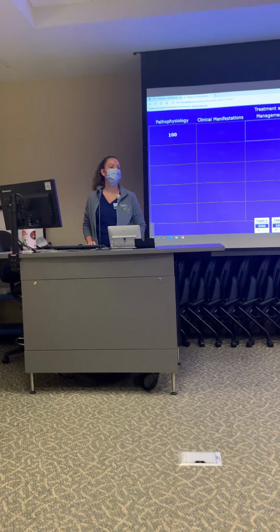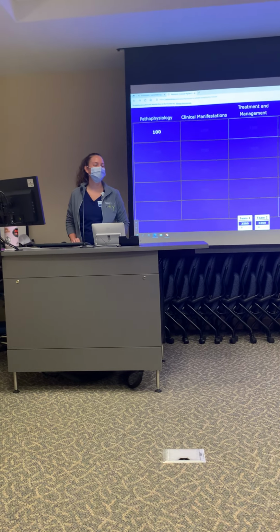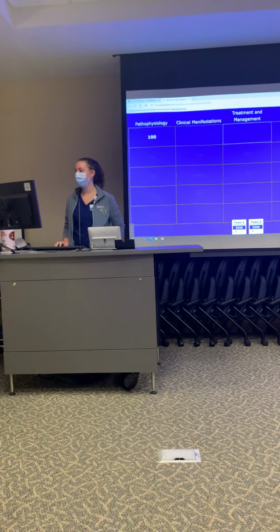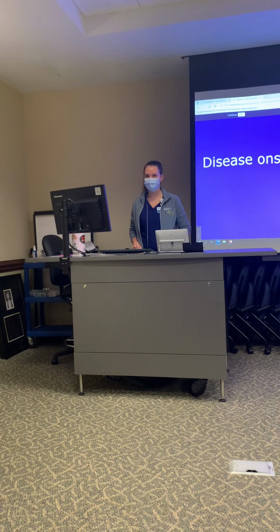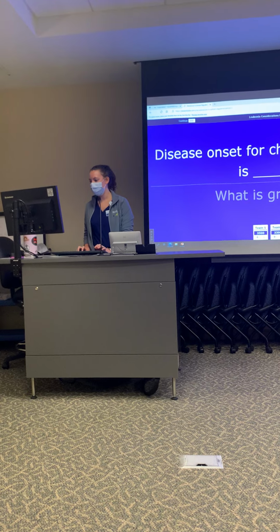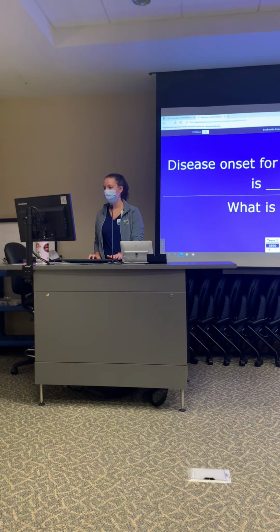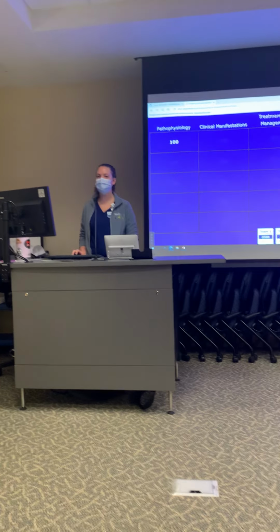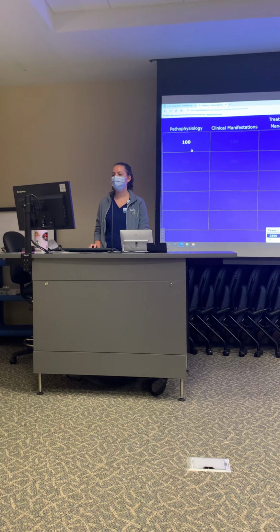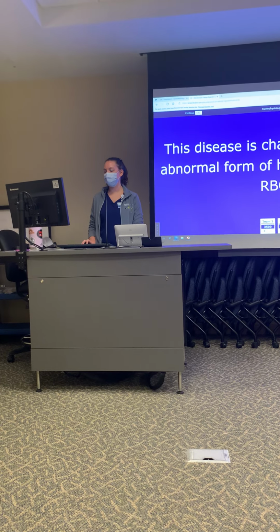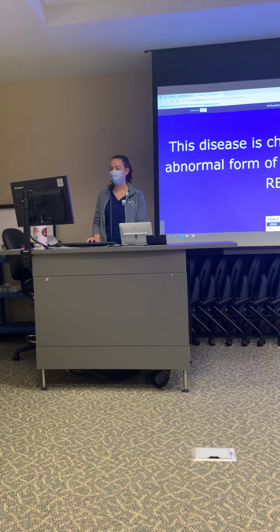Okay, next. Disease onset for chronic leukemias is slow and gradual. Correct. Patho. This disease is characterized by an abnormal form of hemoglobin in the red blood cells.